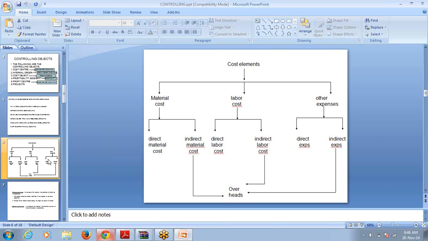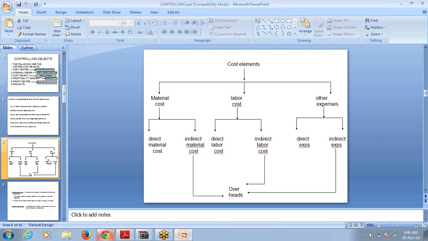In that case, what is the alternative? To analyze the expenses. So expenses contain material cost. Again, material cost includes direct material cost and indirect material cost. And from our discussion, if you have noticed, direct material cost always occupies a larger portion, and the indirect material cost always occupies a smaller portion.